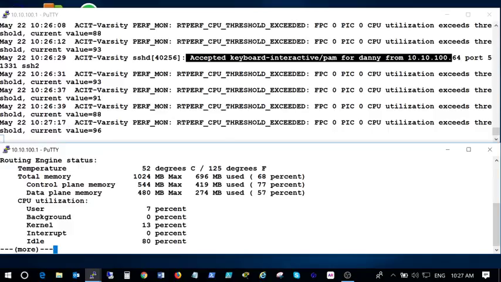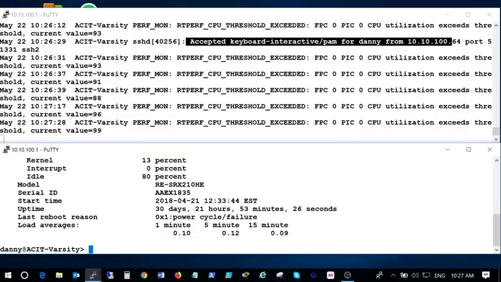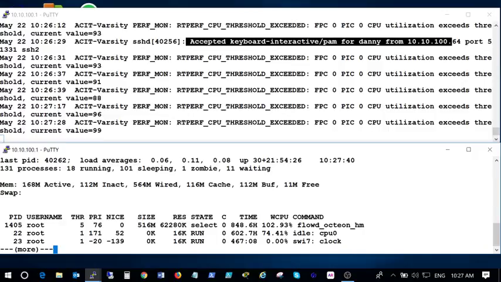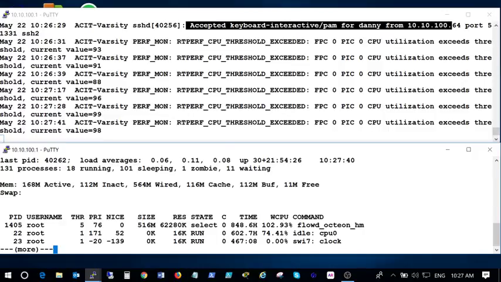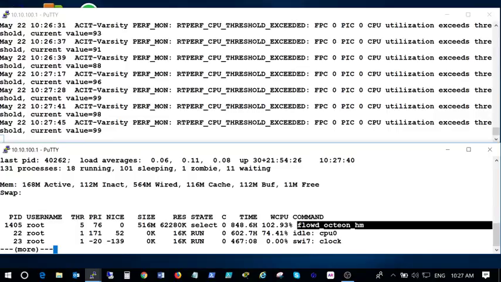So it's even more curious as to why I'm getting this threshold exceeded, because I'm not really working the device all that hard. So another thing I can monitor is show system processes, and I'll get an extensive output of that.